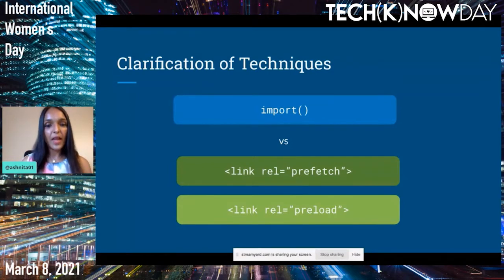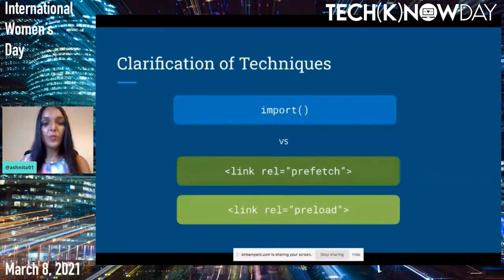Compared to that, there are standards provided by the browser, which is link rel prefetch and preload. These are features built into the browser. And prefetch is quite similar in what it's trying to achieve to using dynamic import to preload the bundles.